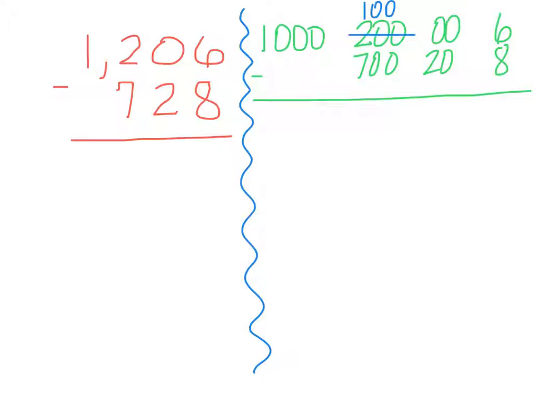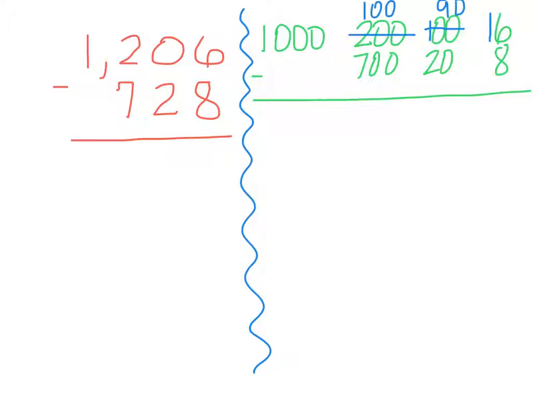I'm taking the 100 that I borrowed, and I'm going to give it to my tens spot. So now my 0 tens is actually 100. Now I can take 10 away from it. If I take 10 away from 100, I get 90. And when I take those 10 and give them to my 6, I get 16.